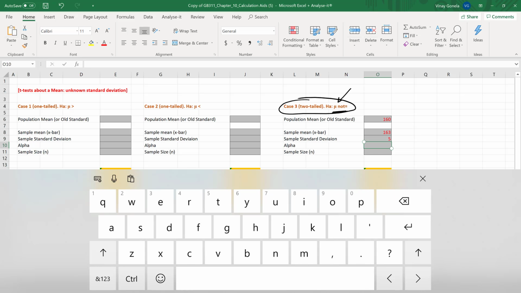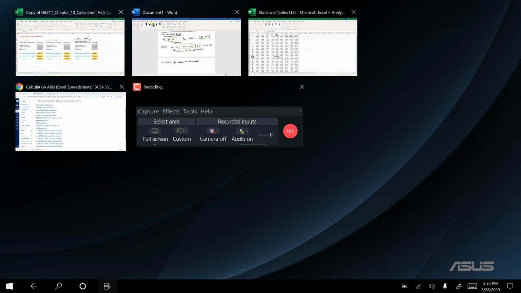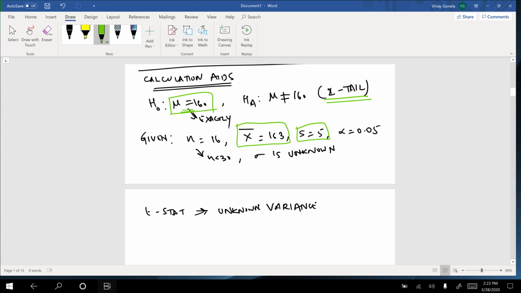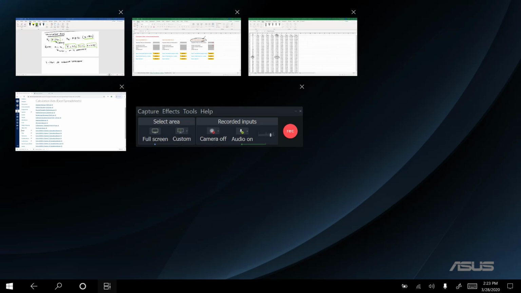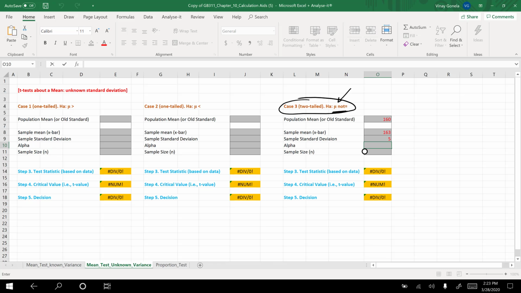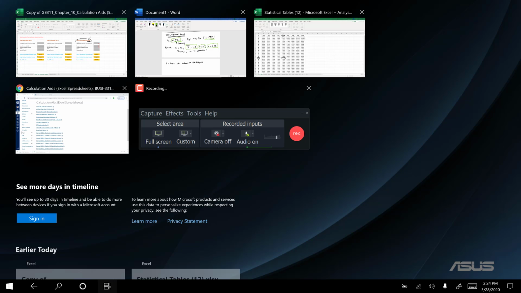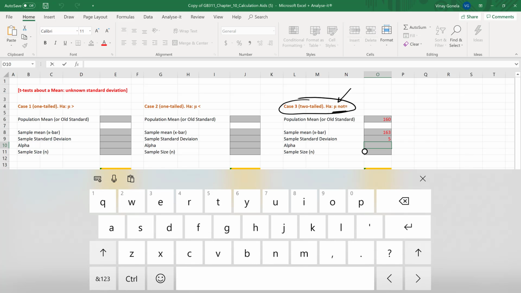And then alpha is 0.05, so I will type in alpha as 0.05.